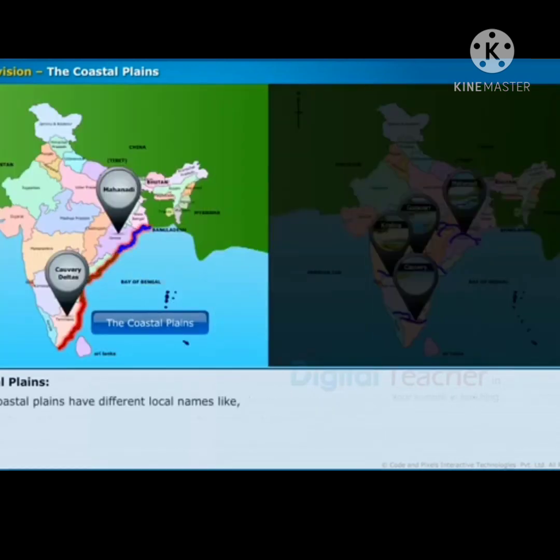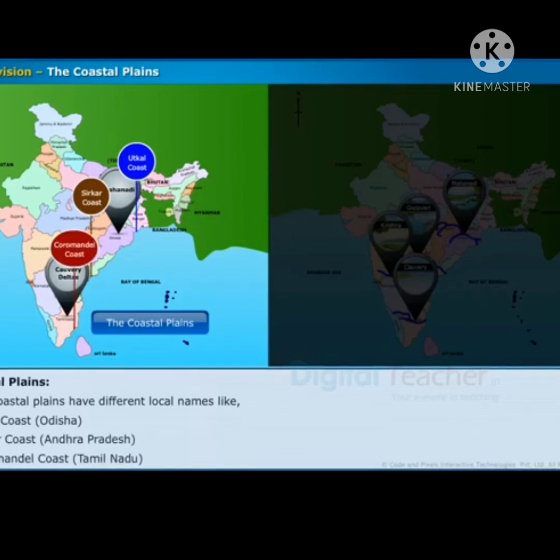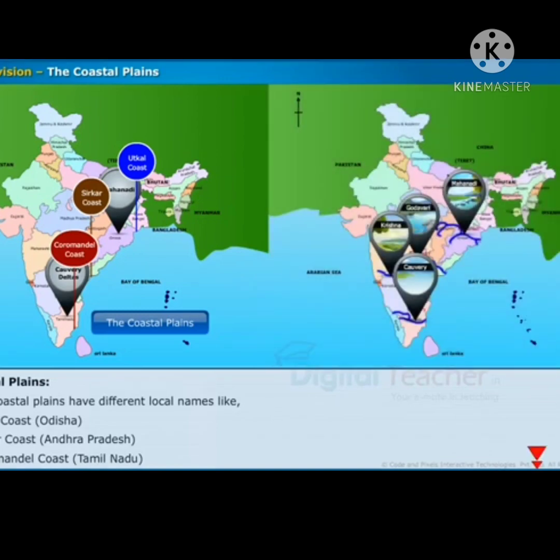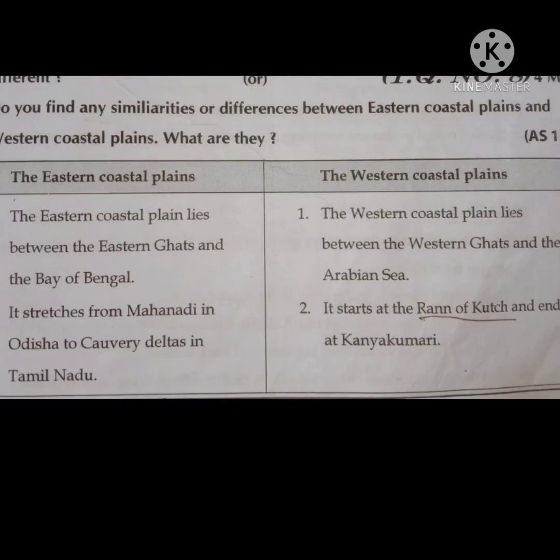These coastal plains are known by different names locally: Utkal Coast in Odisha, Sirkar Coast in Andhra Pradesh, Coromandel Coast in Tamil Nadu. So in this topic, 4 marks important question.